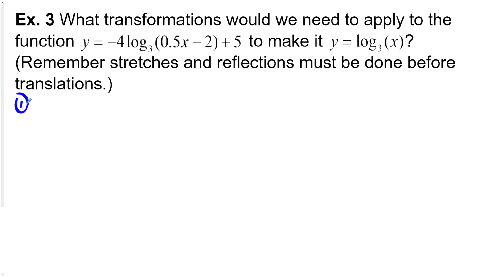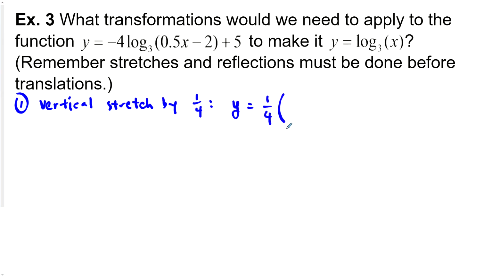So number 1, let's undo this vertical stretch. So we'll need to vertically stretch it by 1/4. And then let's work through that algebraically and see how that would affect the equation. So we got a quarter, and it would be outside the whole function here.